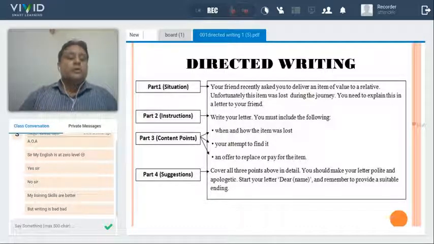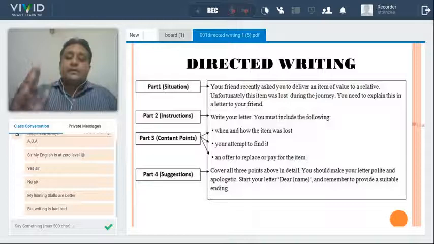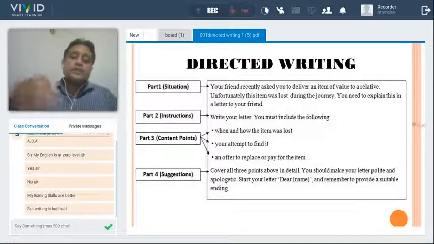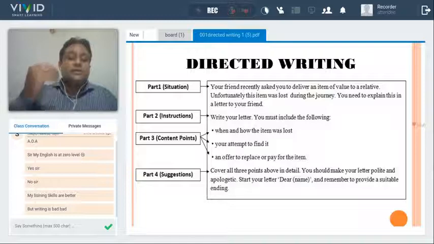It also talks about the text type that you need to write. The last line, that says you need to explain this in a letter to your friend, actually states the text type. It tells you the text type that you need to write. That is a letter. The situation is pretty much well defined. It's clear in the first two sentences.